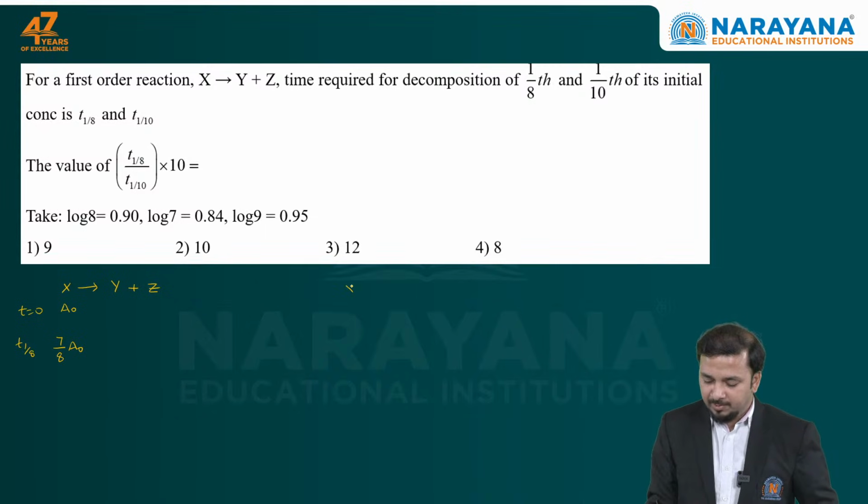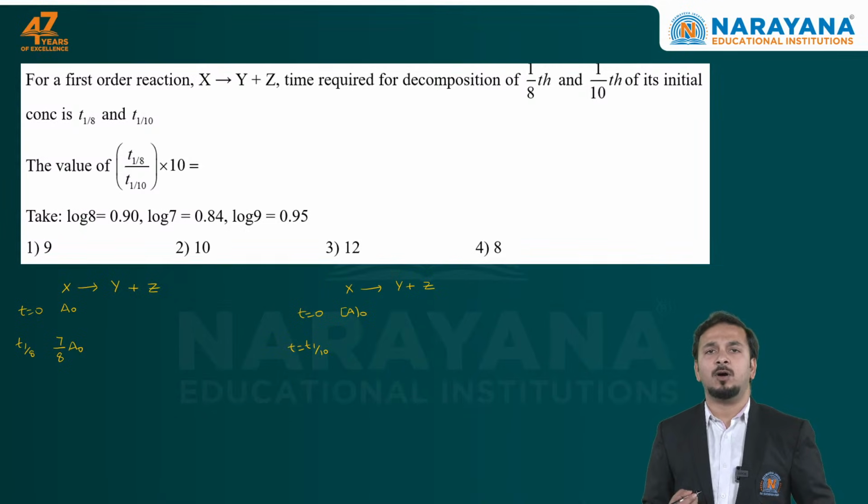We have another same reaction, X gives Y plus Z. In this also T is equal to 0, concentration is A naught. And at time T1 by 10, they are saying 1/10 of the reactant is decomposed. So left reactant will be 9 by 10 times A naught. So we have got the initial concentration and the concentration at time t.